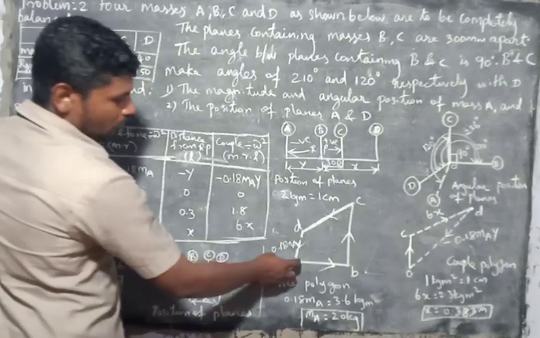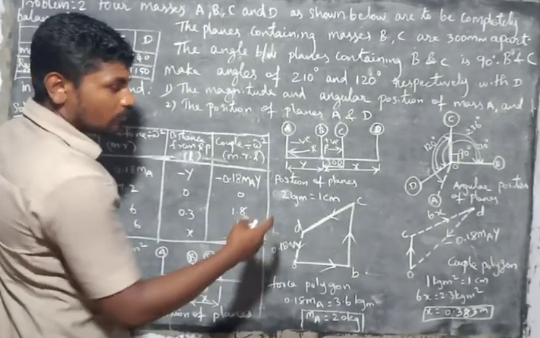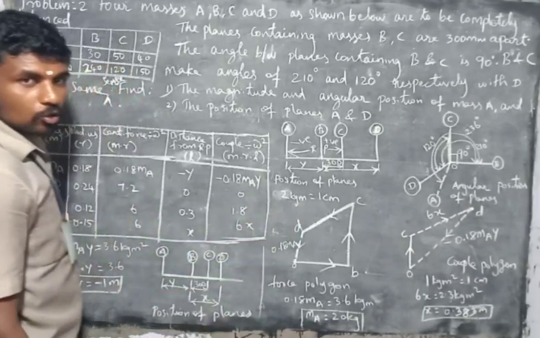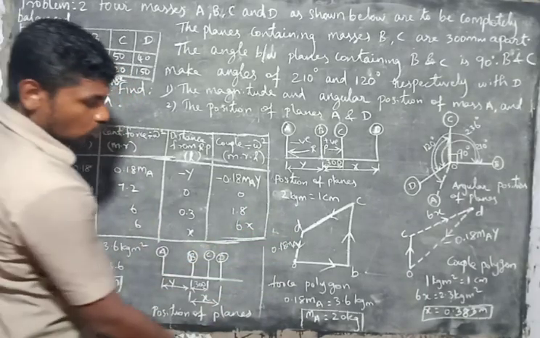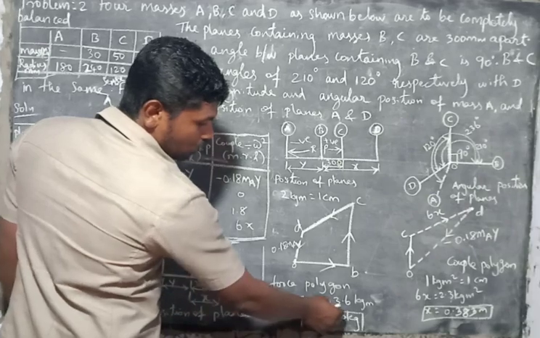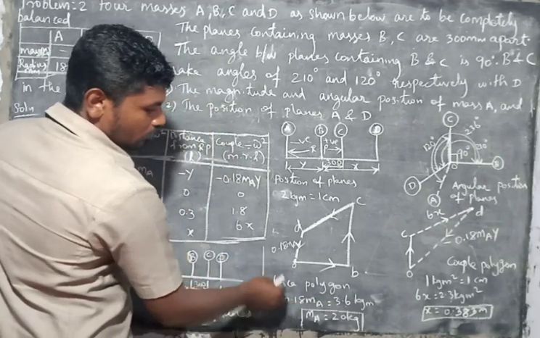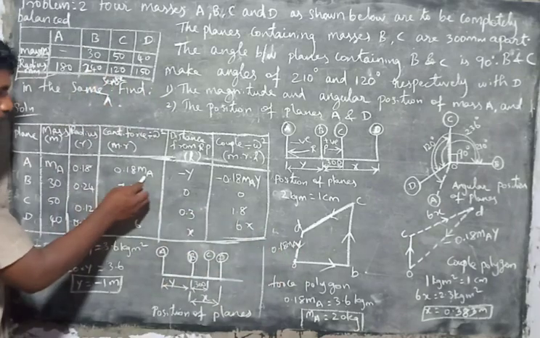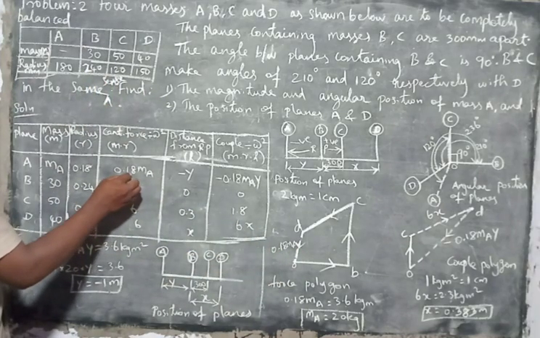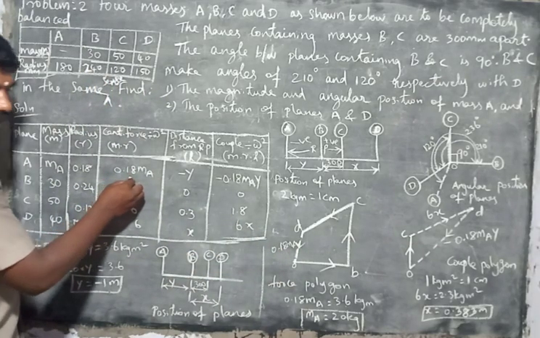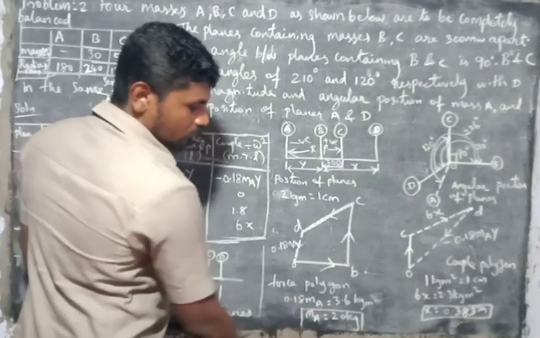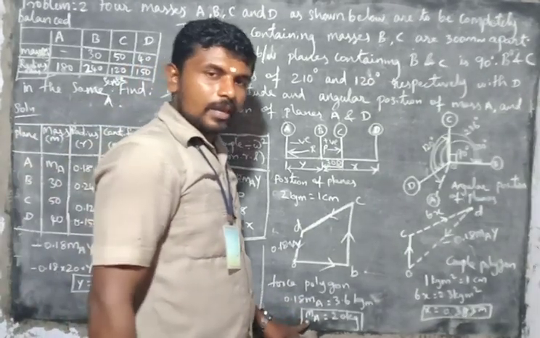Multiply it with the scale ratio. Finally, we got the value 3.6 kilogram meter. We need to equate it to 0.18 M A, which is the unknown value. Finally, we got the mass of A.